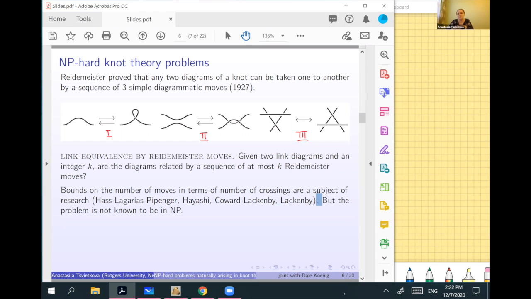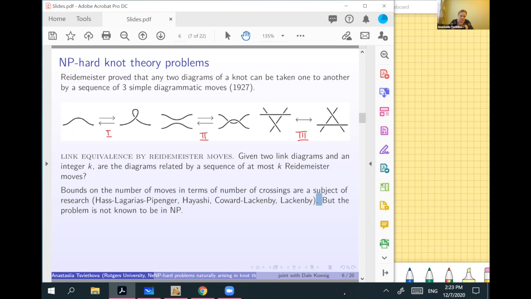You have the number of crossings of the diagram, and you ask how many moves are needed to unknot it if it's an unknot diagram. What's the upper bound in terms of the number of crossings? They gave an exponential upper bound in terms of the number of crossings on the number of moves needed to unknot the diagram. And then Hayashi gave a bound for splitting a link, so splitting means taking its components apart if they're not really linked together.